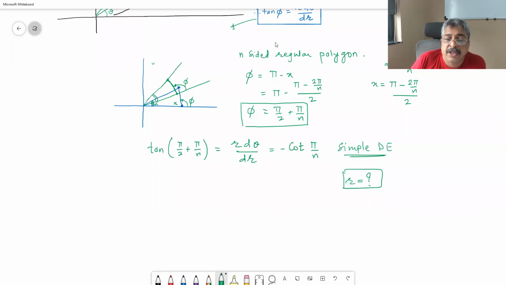If we solve this differential equation, which is relatively easy to solve, we will get the equation r is equal to a e raised to minus theta tan pi by n. That is the equation of the curve. What is a? a is the starting point.